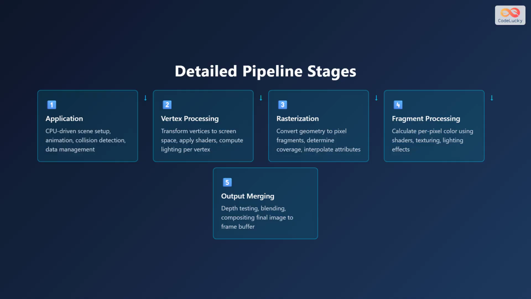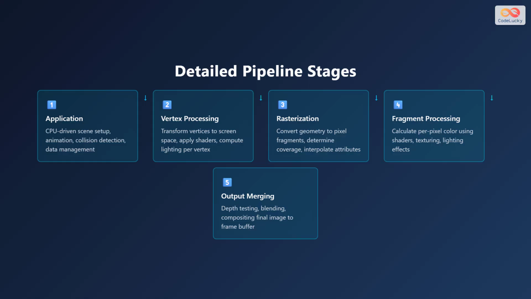The rendering pipeline has 5 detailed stages. Stage 1 is the application layer where the CPU handles scene setup, animation playback, collision detection, and data management. Stage 2 is vertex processing, where the GPU transforms three-dimensional vertices to two-dimensional screen space, applies vertex shaders, and computes lighting per vertex.